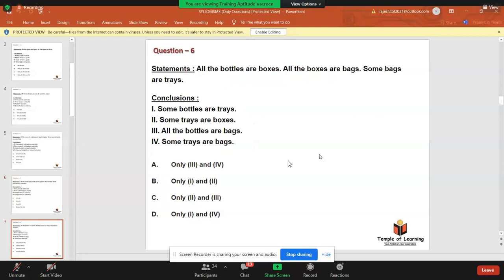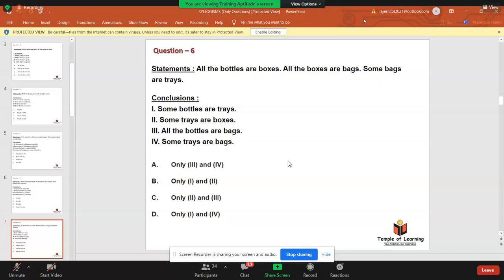Okay, sixth question. All the bottles are boxes. All the boxes are bags. Some bags are trays. I'll draw different diagrams.